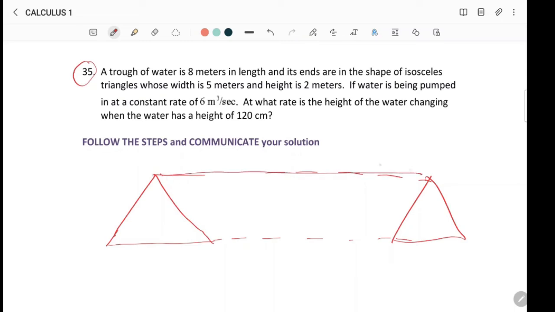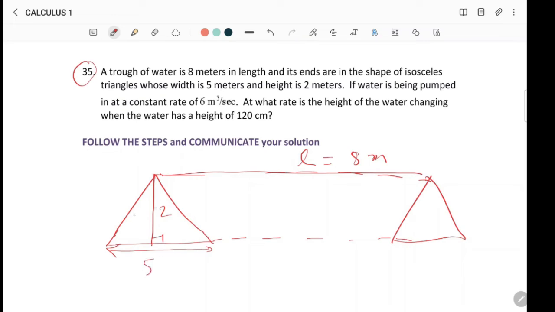This will be our length L, which is 8 meters, and the height of this trough is 2 meters, and the end shape, an isosceles triangle, has a width of 5 meters.